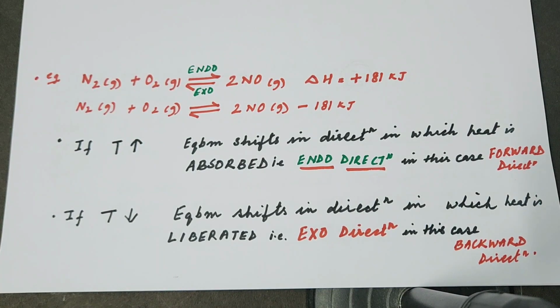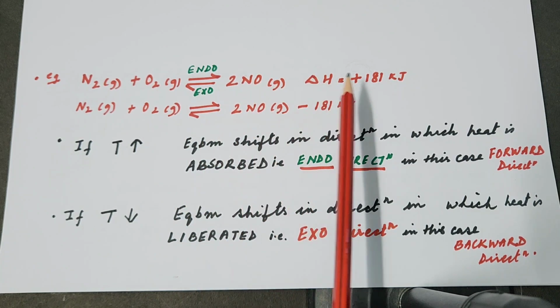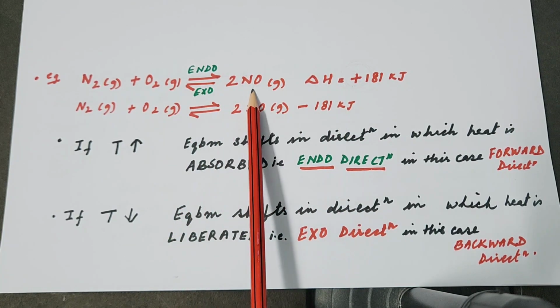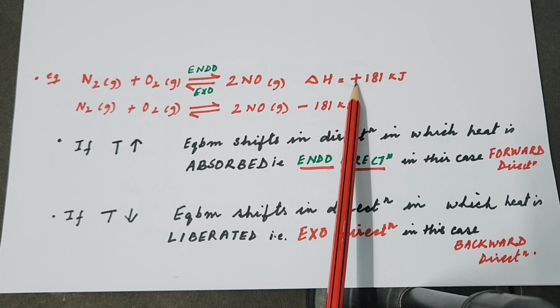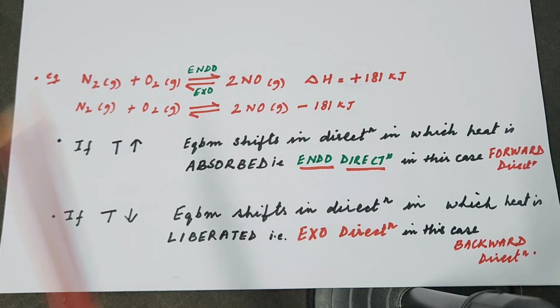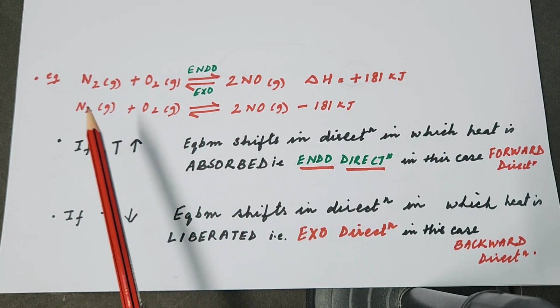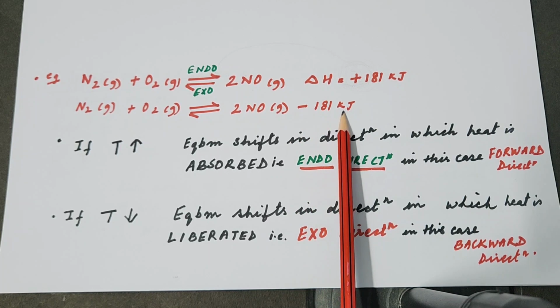Another example, let's have N2 plus O2 giving 2NO, delta H is plus. What does plus mean? That the net change in the heat content is positive. Positive means it gained heat. So another way of writing it is N2 plus O2 giving 2NO minus this much heat.